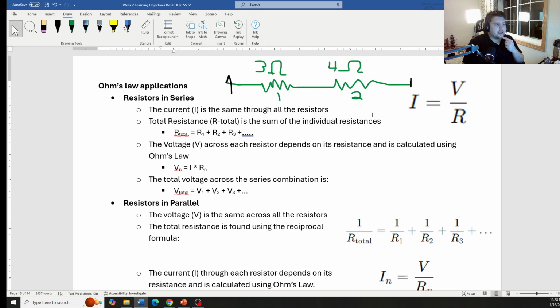We can take those values, plug them in, and figure out exactly what the voltage is, what the current is, or what the resistance is, depending on what other information we are given. And then once we do that equation at each of these points, we can figure out the total voltage across the whole series by literally just adding up the voltage at each of those points. And that gets us resistors in series.